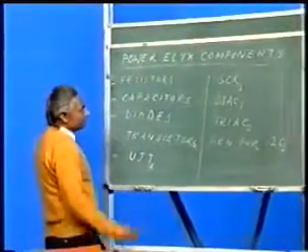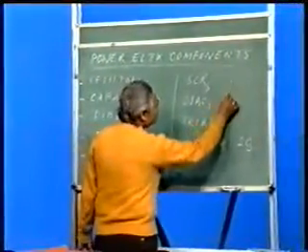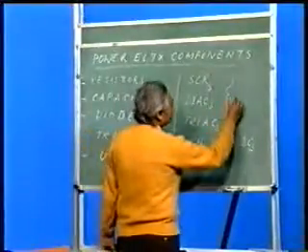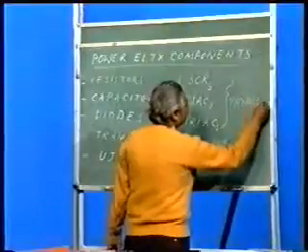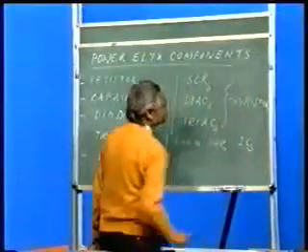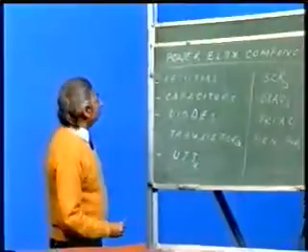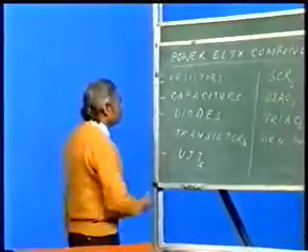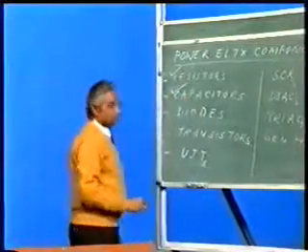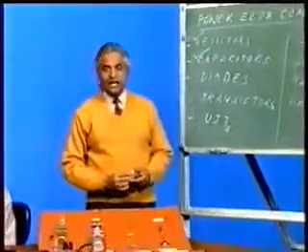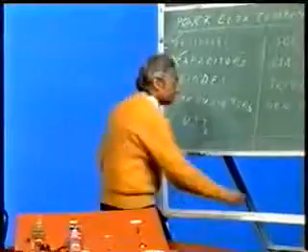Out of these, this makes a group called the thyristor. Now in this film we are going to discuss two basic components, the resistors and the capacitors. To start with, I will deal with resistors.